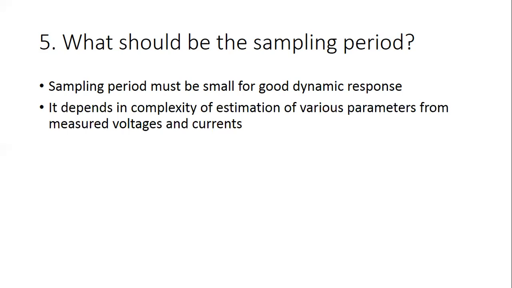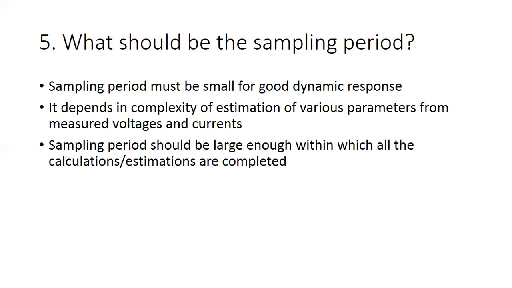So it depends on the complexity of the estimation of the various parameters from measured voltages and currents. We also need a very fast processor if complex calculations are there. Of course, we have measurements, so you have analog to digital converters, and their conversion time also has an effect. So all these contribute, and based on that you select the sampling period. The sampling period should be large enough that all calculations and estimations are completed.